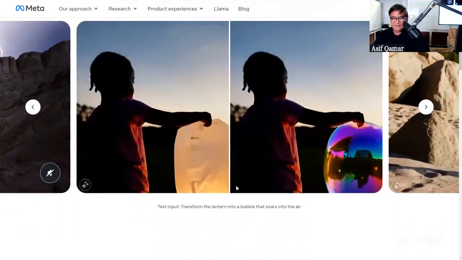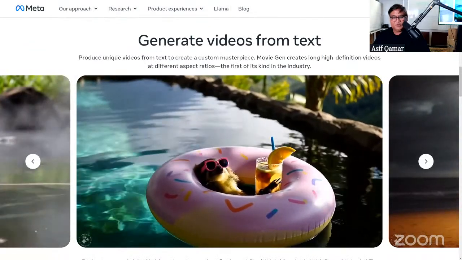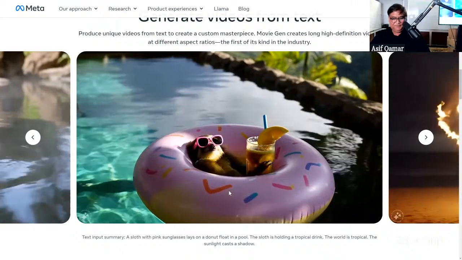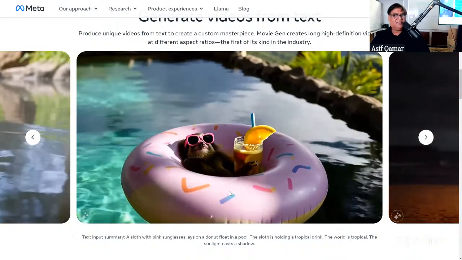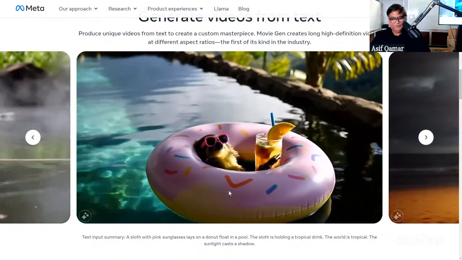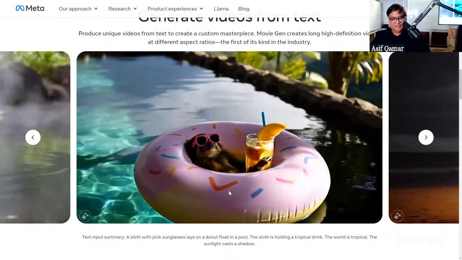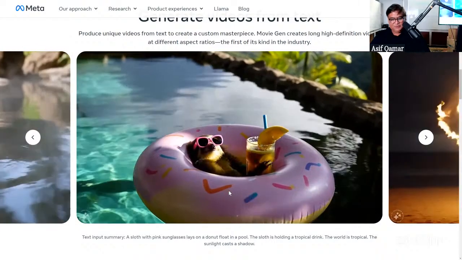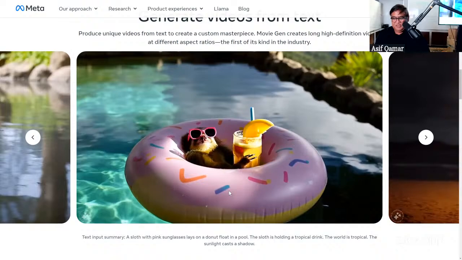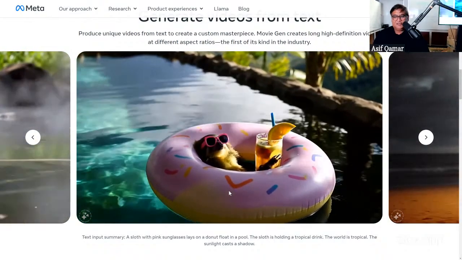Now, this one looks silly, but actually it's saying a lot. There's a lot of physics and real world realism here. A sloth with pink sunglasses lays on a donut float in a pool. The sloth is holding a tropical drink. The world is tropical. The sunlight casts a shadow.